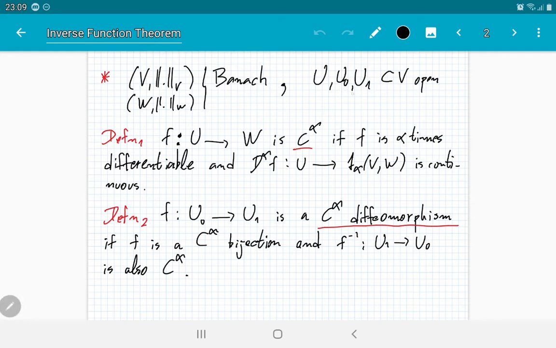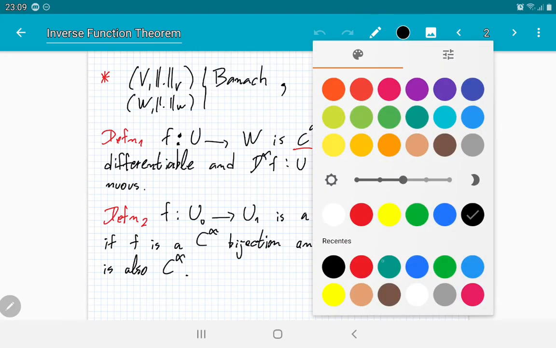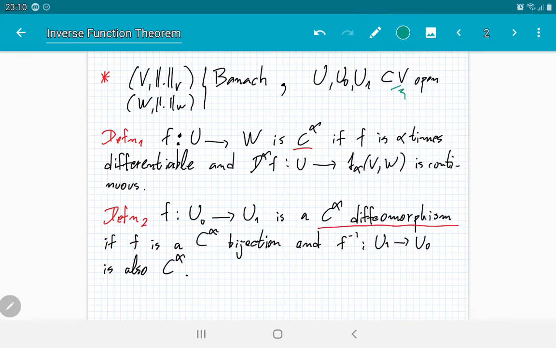U, U0, U1 are all going to be open subsets of V. Let me start with the definition.